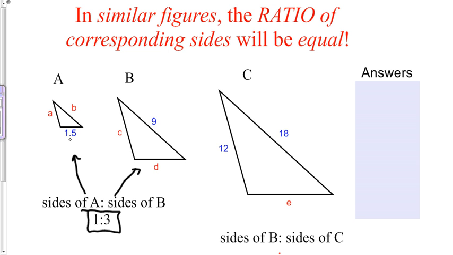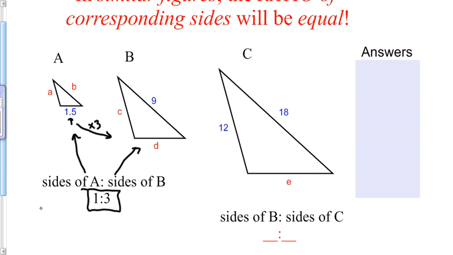So if I know that this side right here is 1.5, I know that to come over to this figure, I'm going to need to multiply by 3. Or I could actually set up a proportion. The side of A compared to the side of B is going to be a 1:3 ratio.